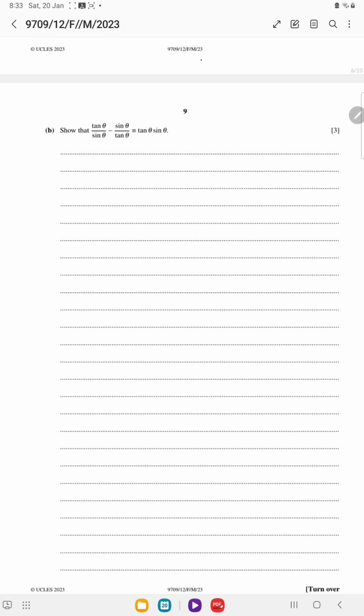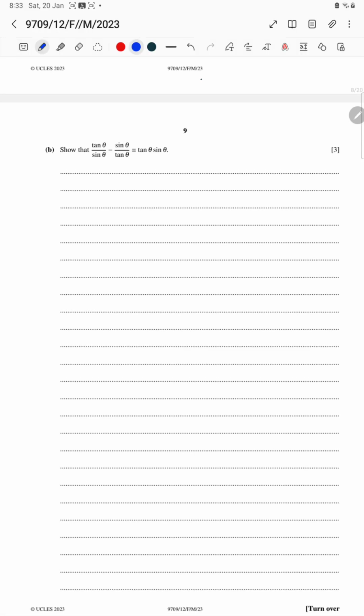Guys, the second part of the same question is to prove the identities. So simply you need to take the left hand side and prove it equal to the right hand side: tan theta over sine theta minus sine theta over tan theta. We know that tan theta is the ratio of sine theta over cos theta.